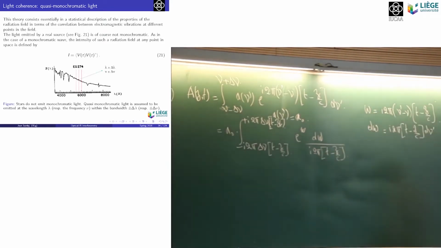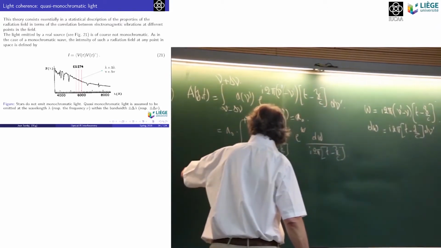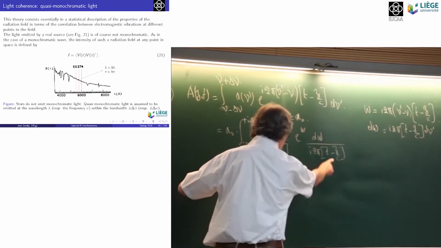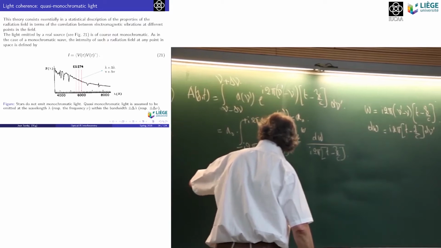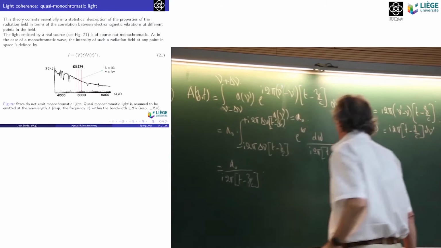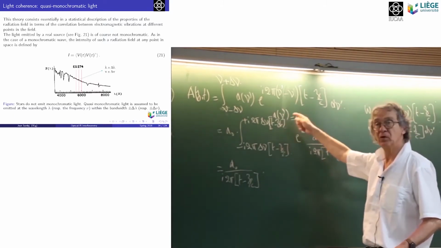Correct? So now it's easy to perform this integration. It will be A0 divided by that quantity, i 2 pi times t minus z over c, multiplied by this quantity that I evaluate for the two limits of integration.